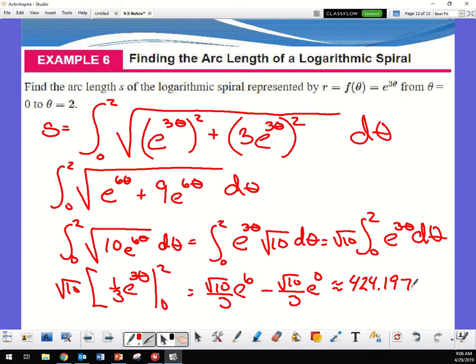Okay, that's huge. So arc length is pretty basic. What was the biggest issue out of all this? Probably setting up the formula, right? Yes, it was harder to identify r and f of theta, or f prime of theta.